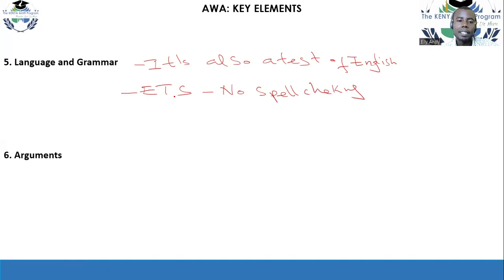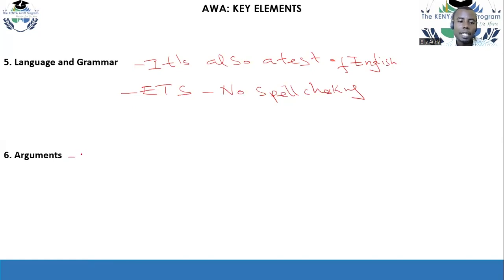So you must write everything not expecting the word processor to suggest good spelling or correct your grammar. Ensure everything is up to standard, keeping in mind what you have learned so far about English, language, and grammar.